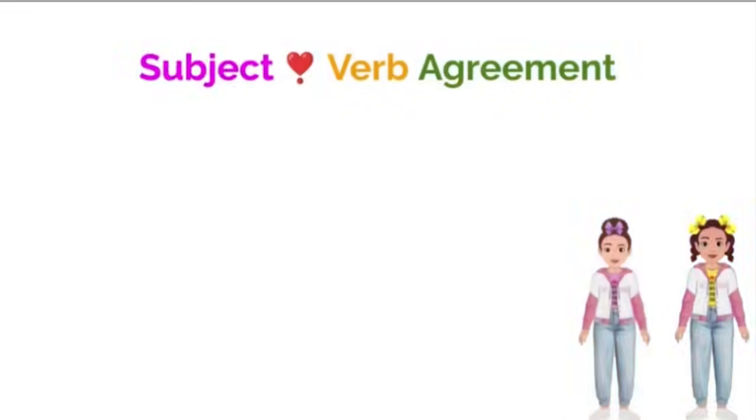Now, in conclusion and by way of review, the subject in a sentence is the noun or pronoun. That's right, the noun or pronoun, who or what the subject is about. A verb is an action word, okay, or a state of being.